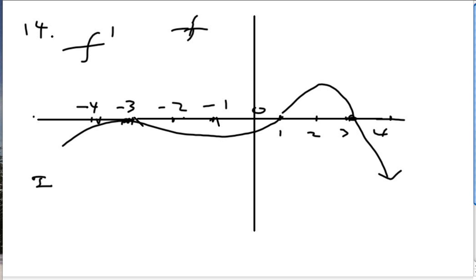But when x equals 2, the original graph is still increasing because f prime has a positive value there. So the original function has a positive slope and doesn't have a horizontal tangent line, but a linear tangent line instead. So the second one is false.